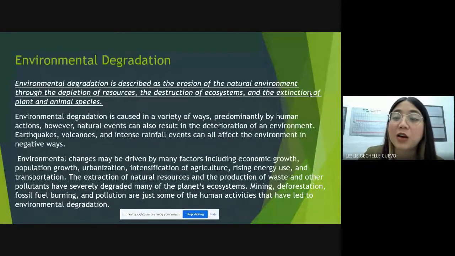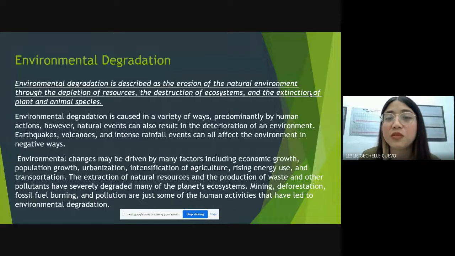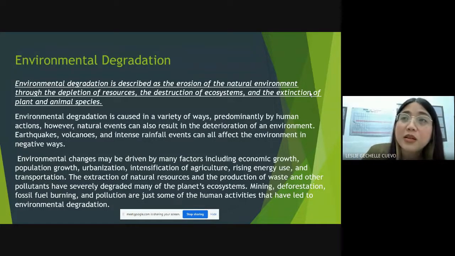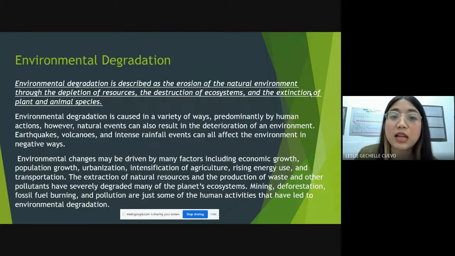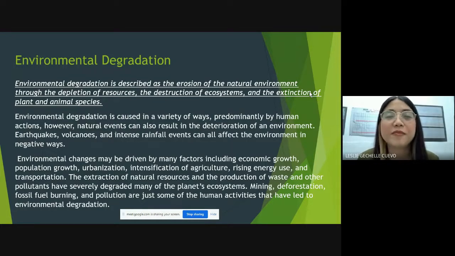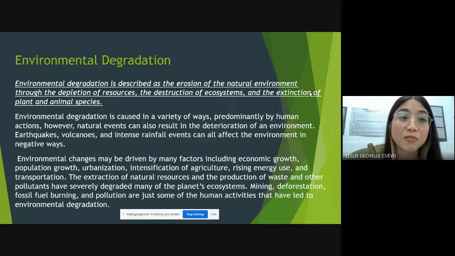Eh dahil nga environment is usually natural, di ba? We use the term natural resources. Eh dahil nga limited ang natural resources. Oo, madami, pero may hangganan din siya, limited. Kapag inabuso siya, mawawalan tayo ng gagamitin, mapagkukunan.